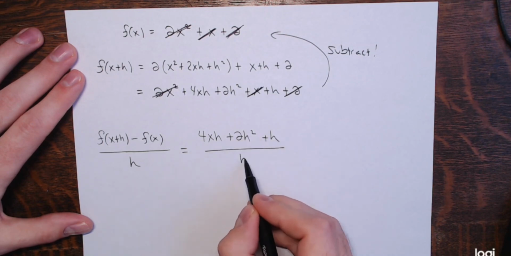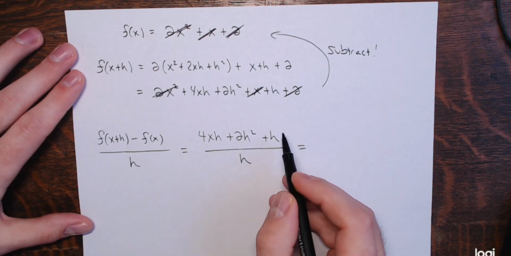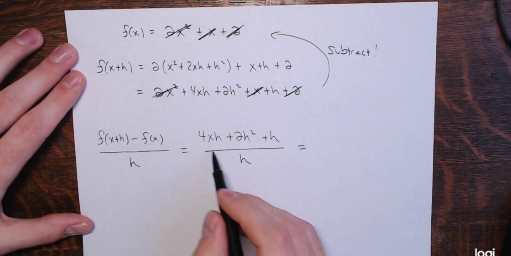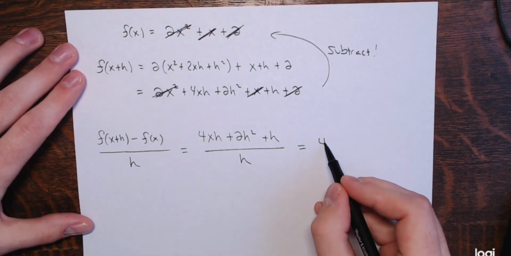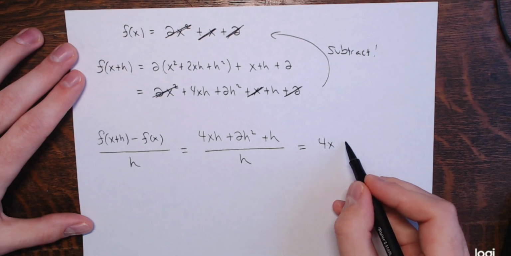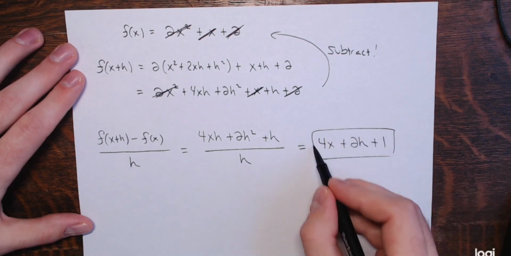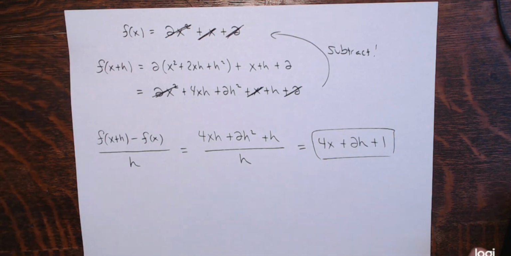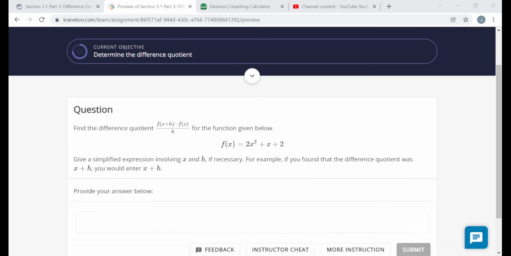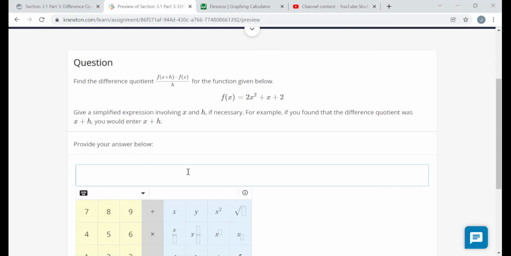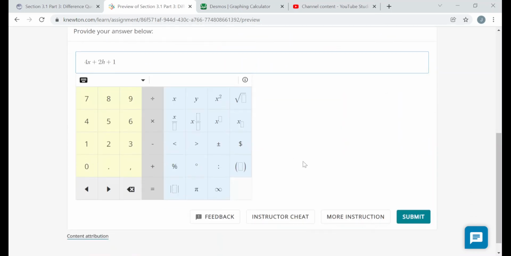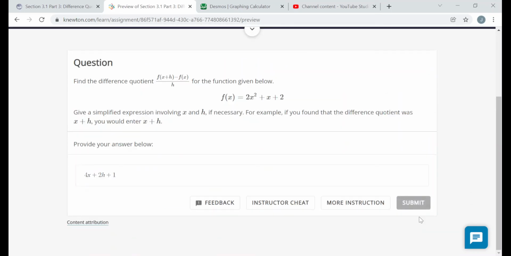And if you divide each of these terms by h, or factor an h out of the numerator and cancel the h's, you'll have 4x plus 2h plus 1. There's the totally simplified version of that difference quotient. Oh, and you actually have to type it in. Okay, 4x plus 2h plus 1. Wonderful.